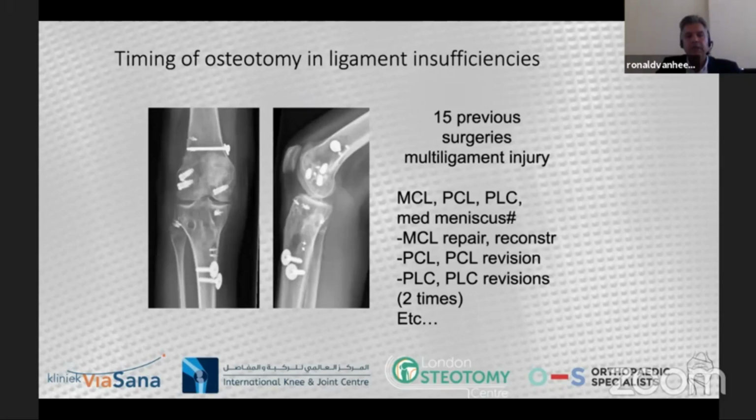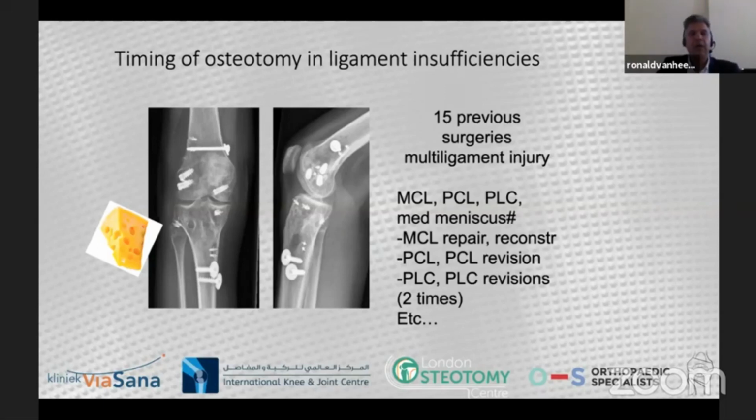This is a case of 15 previous surgeries in a multi-ligament injured patient. And she has been having surgery from all the high-level experts around the world. Well, this tibia and femur, for me, looks like cheese. We have a lot of cheese in the Netherlands, and we have a lot of holes in cheese, and we have a lot of tunnels and holes in that kind of bone.